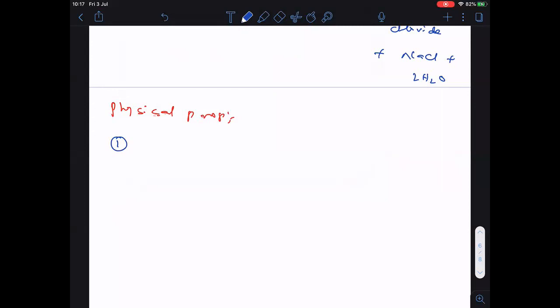Okay, so first of all, C6H5N2 plus Cl minus, benzene diazonium chloride, is a colorless crystalline solid.